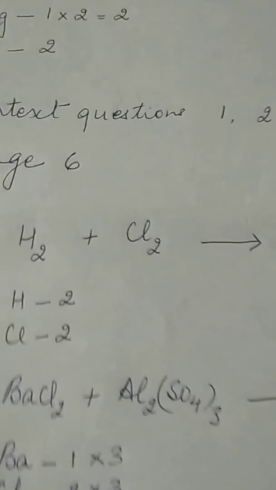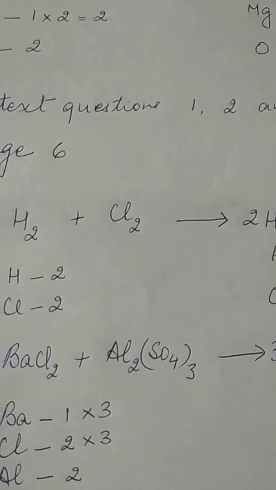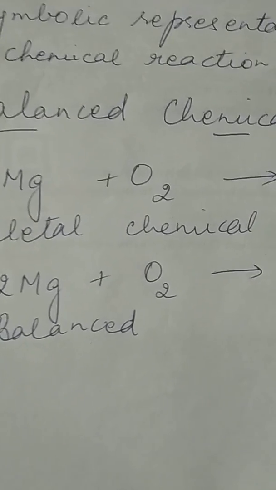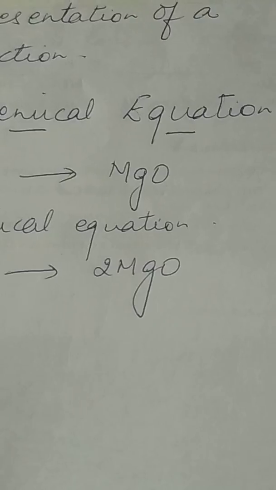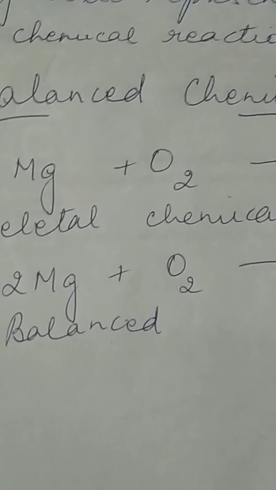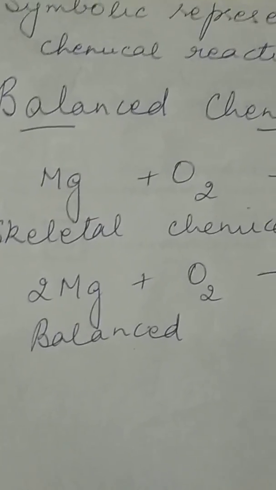Now, let's talk about the first question. The first question asks you, why should the magnesium ribbon be cleaned before burning? You remember the activity that we had done where we had burnt magnesium in air to form magnesium oxide? Well, in this activity, we should first clean the magnesium ribbon with sandpaper. Now, why should we do that?